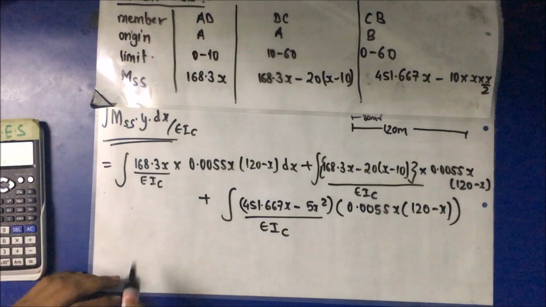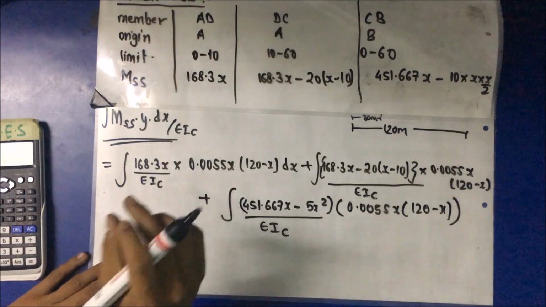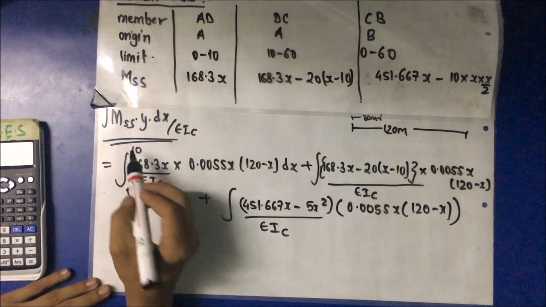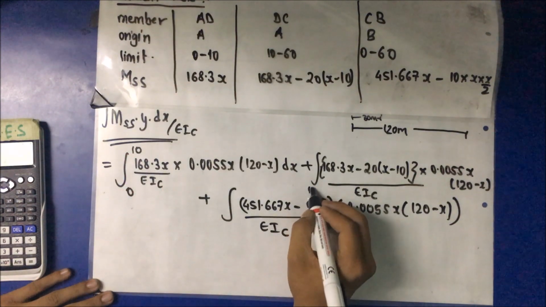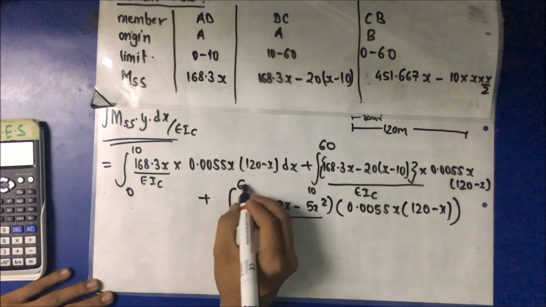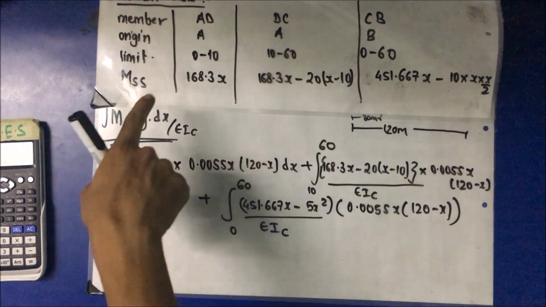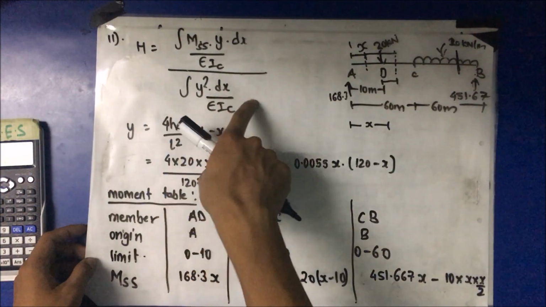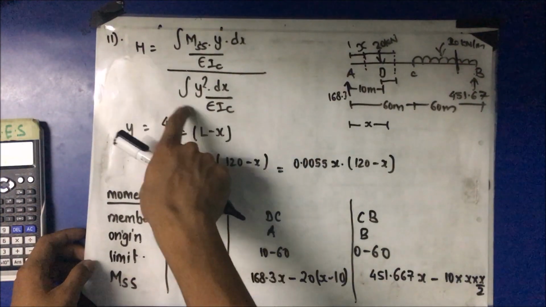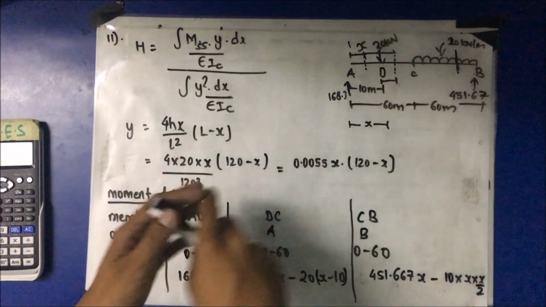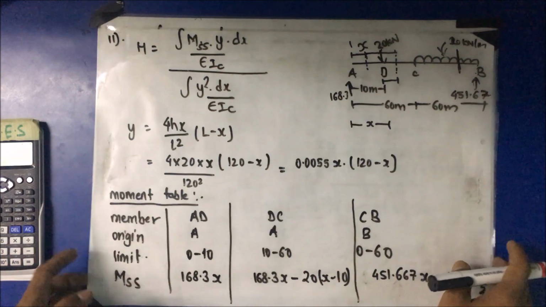While writing the limit, make sure for the numerator part you write it member-wise: 0 to 10, 10 to 60, and this one 0 to 60. But in case of the denominator term, y square dx by EI_c, the limit is 0 to 120, that is the span of the whole arch.